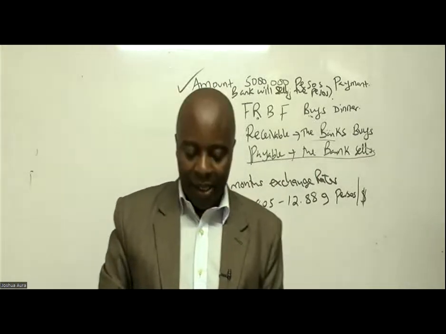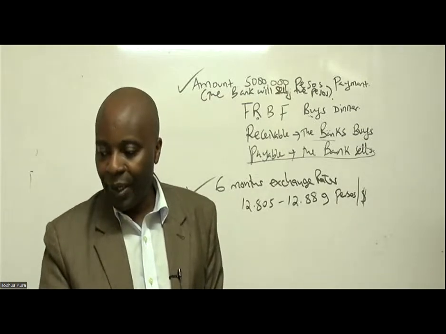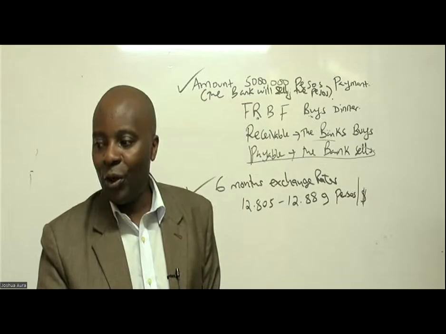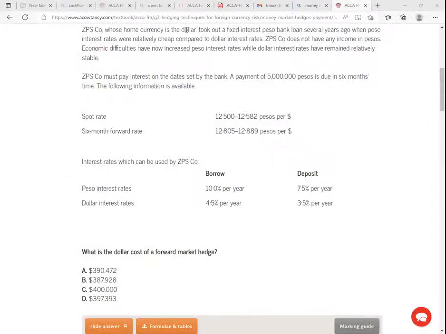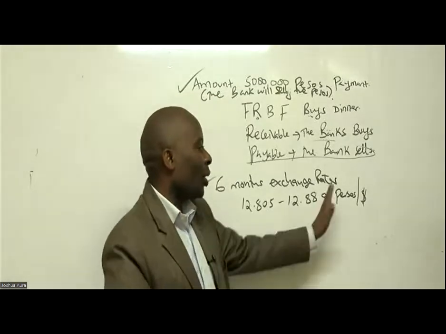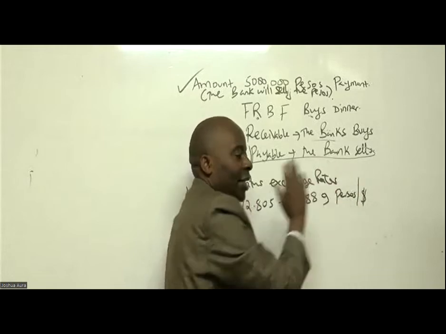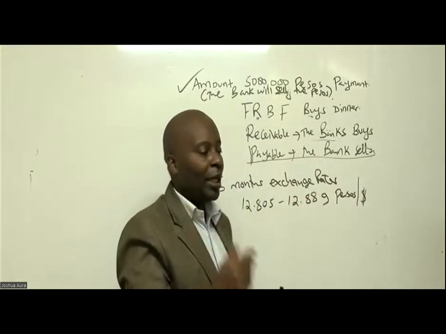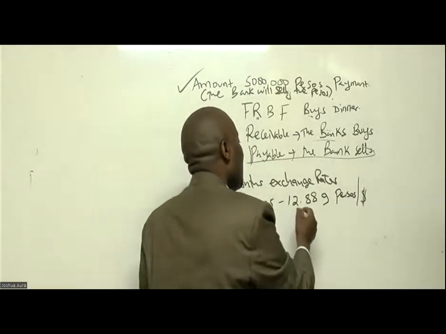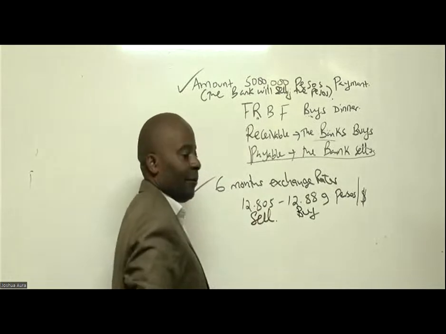Now tell me which currency. They have told us that ZPS's home currency is the dollar. So once they've told us that the home currency is the dollar, I need to point towards my home currency. The dollar is on the right side, so the right figure becomes the buy, and this becomes the sell.